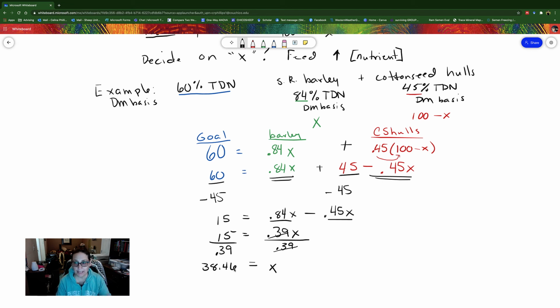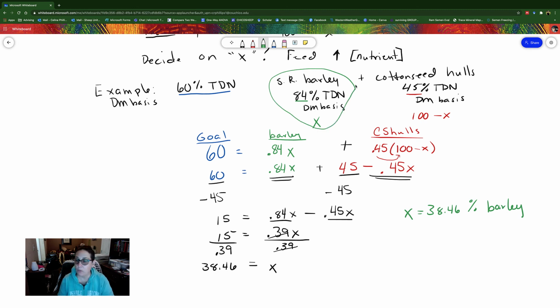But I always get asked, well, great, I've got a number. What does this number mean? So what we're saying here is that x, let me go back to green because that's what our original x was, x equals 38.46% barley in the ration. That's what we just solved for, this unknown right here.